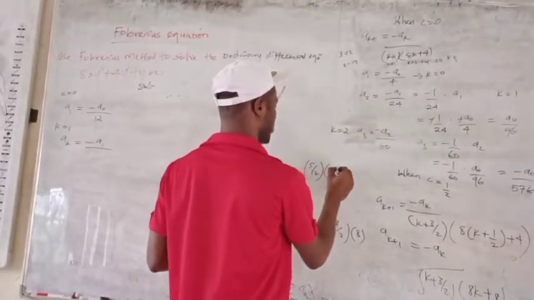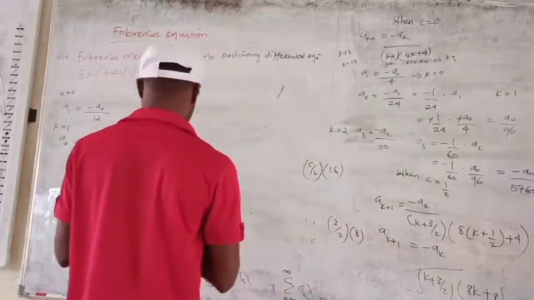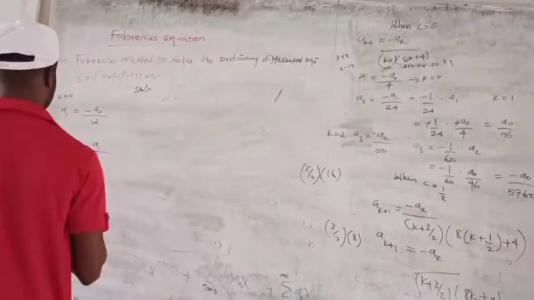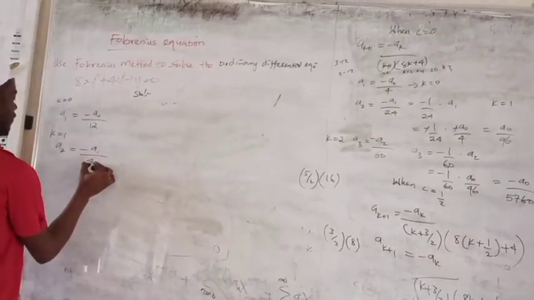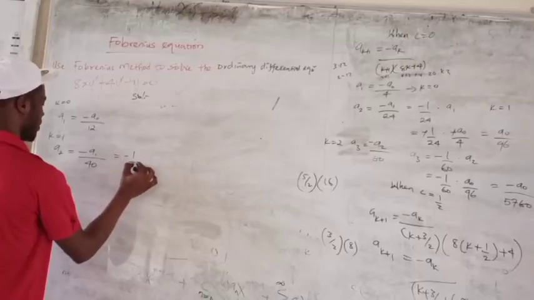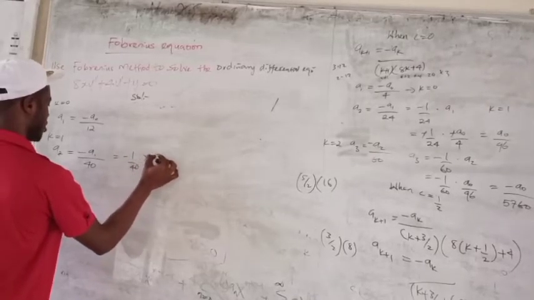So this is being multiplied by 16. So I have 5 over 2 times 16, which is 40.